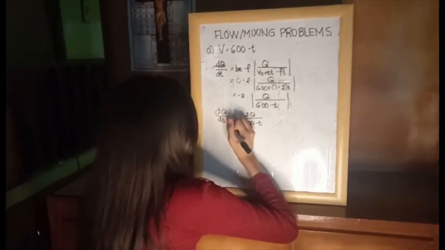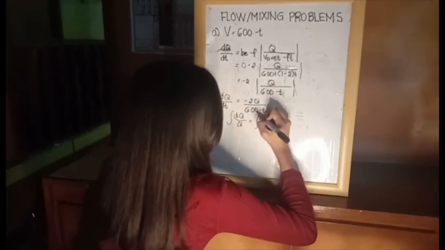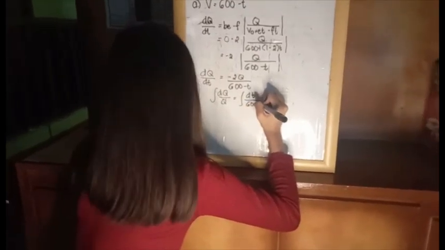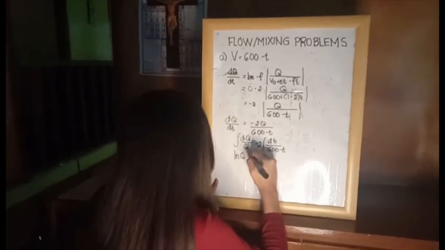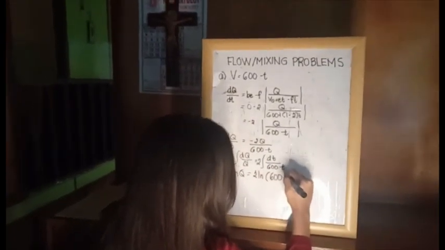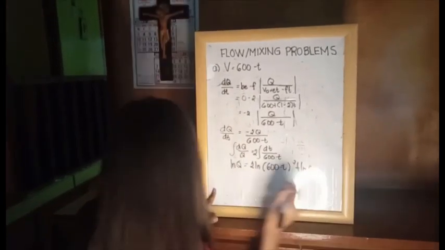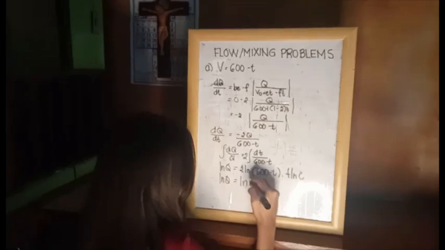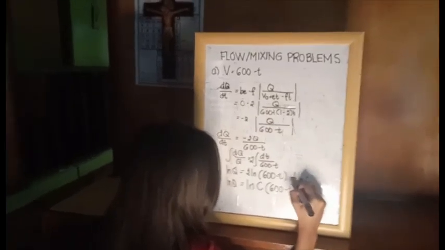So now we're going to integrate dQ over Q, which is equal to the integral of dt over 600 minus t, which is equal to 2 ln of (600 minus t) squared plus ln C. So ln Q can be written as ln C times (600 minus t) squared.